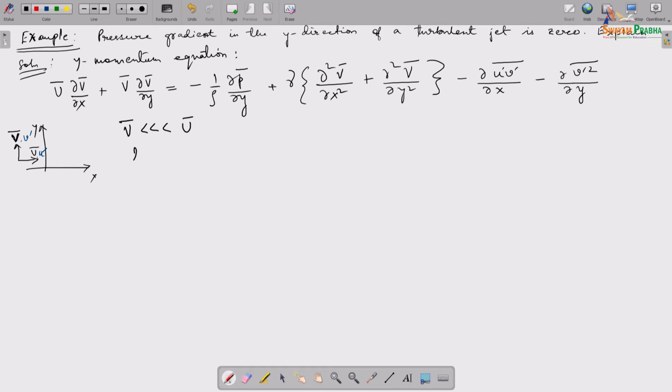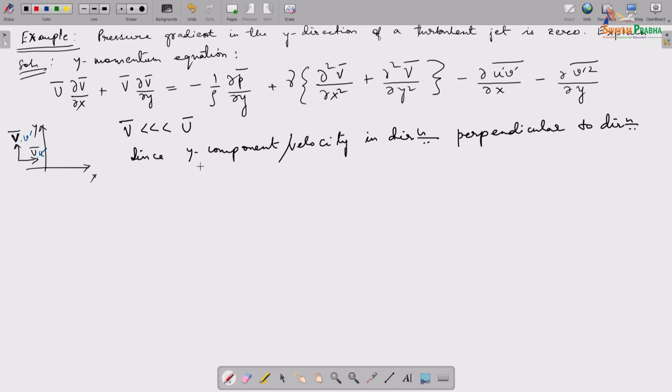So let us just say, since the y component is the velocity which is perpendicular to the direction of flow, and the flow is in the x direction.